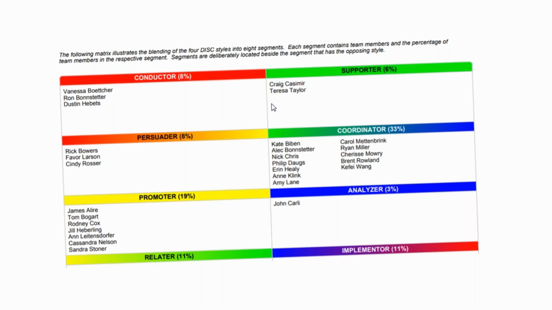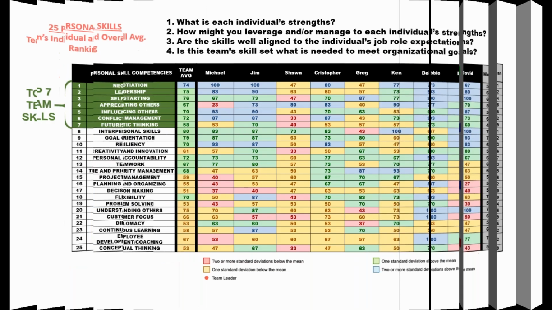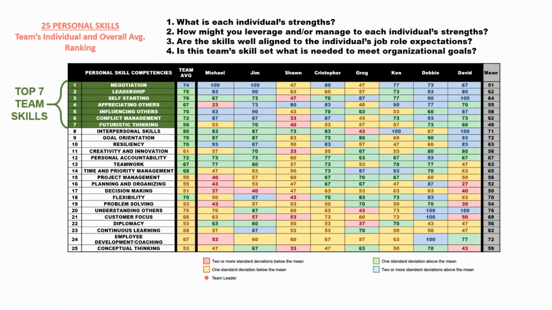And one aspect of the team report lists everybody's individual skills, or their personal skills. Now, it looks complex and confusing, but it's really not. It's really quite simple if you just break it down to the important criteria.